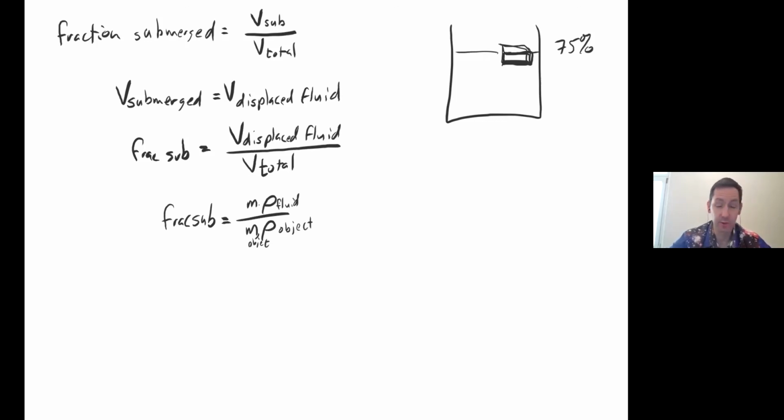And then one of the things that we were just talking about is that the mass of the displaced fluid has to be equal to the mass of the object, because the force of buoyancy is equal to the force of gravity on that displaced fluid.